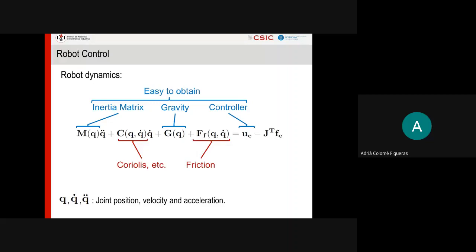However, there are other terms like the Coriolis and centripetal forces that are a little bit more complicated to get, or even the friction. And with the friction, we have to be very wary because friction is a very relevant term usually in robotics, and it is usually very hard to model.